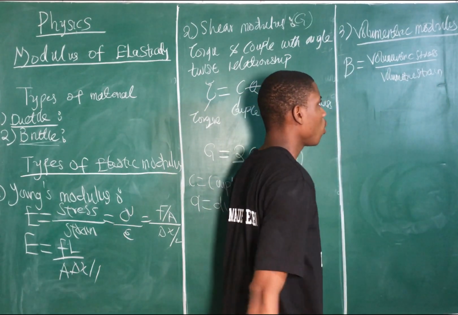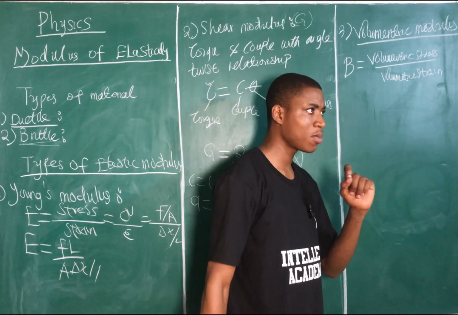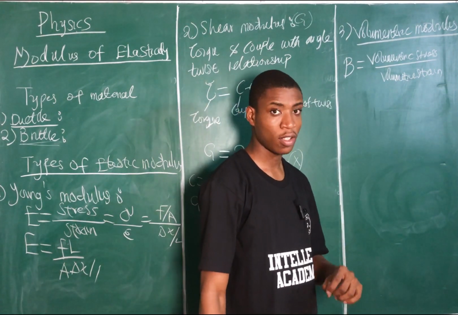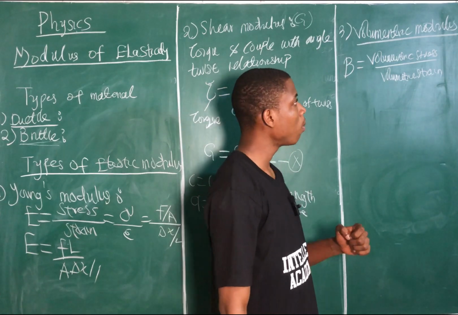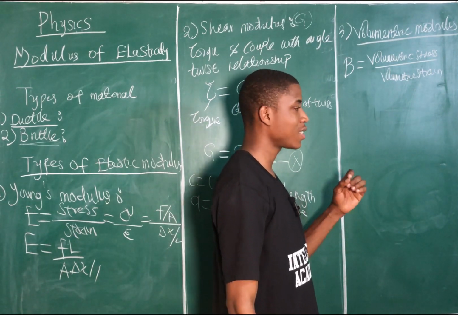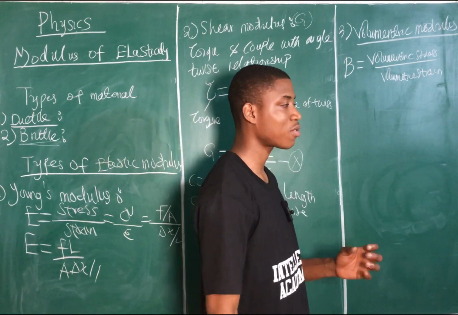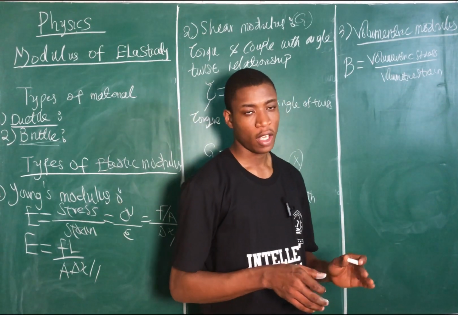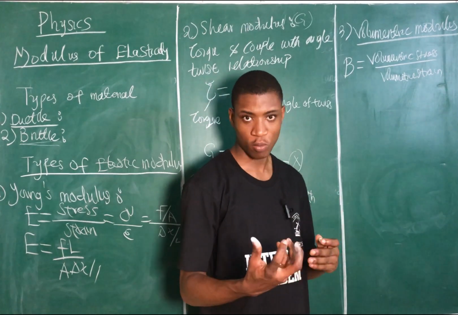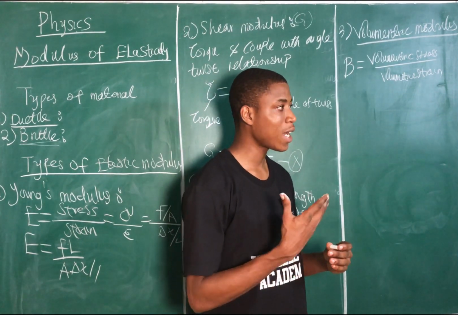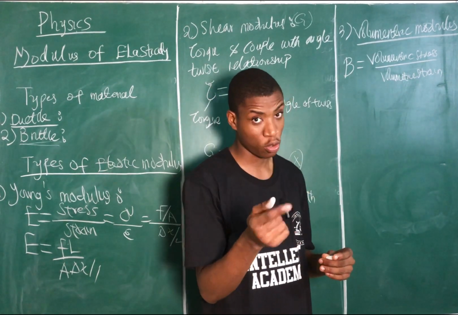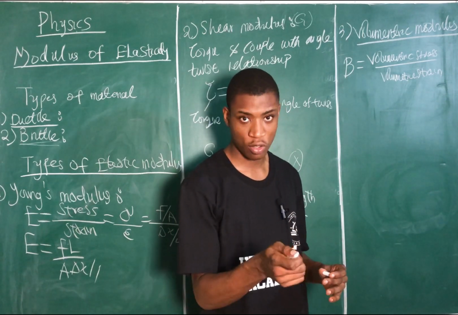Of course, we know stress is measured in newton per meter squared. But in the case of volumetric stress, you should know that stress does not occur in fluids, which are mostly fluid substances. So we can assign that stress to be pressure, because pressure acts on fluids.